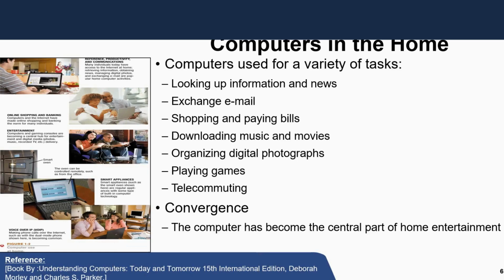So what tasks do we need to carry out using computers? The first and the most important thing that has become very easy to gain is access to information and news. We can see that now there is nothing hidden from the world that was published anywhere in the world.